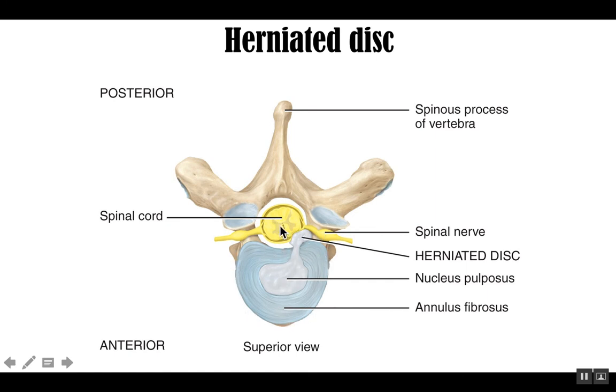Looking at an intervertebral disc, there are two regions. There is the outer annulus fibrosus and the inner nucleus pulposus. You'll notice that this nucleus pulposus was forced out and is making pressure on the spinal cord and spinal nerve. Very painful.